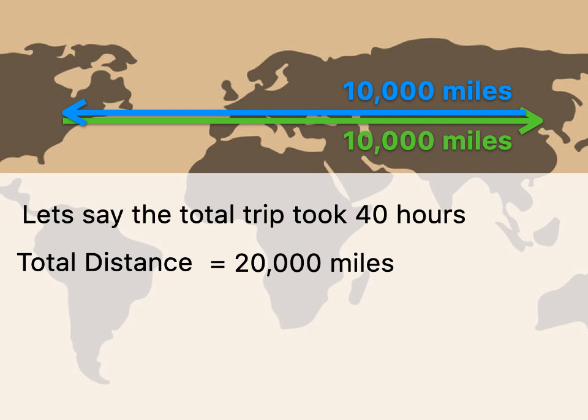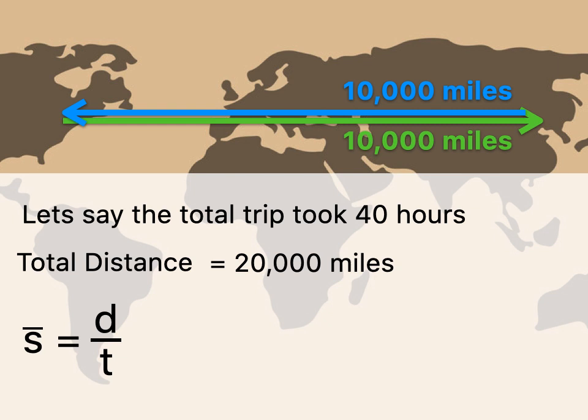So quite the distance. Now here's the thing about the plane. Planes travel at a fairly constant speed, but not exactly. They may speed up a little or slow down a little, but over the whole trip, it has an average speed. So take a look at the symbol here, that S with a bar over it. That means average speed. So speed is simply distance over time.